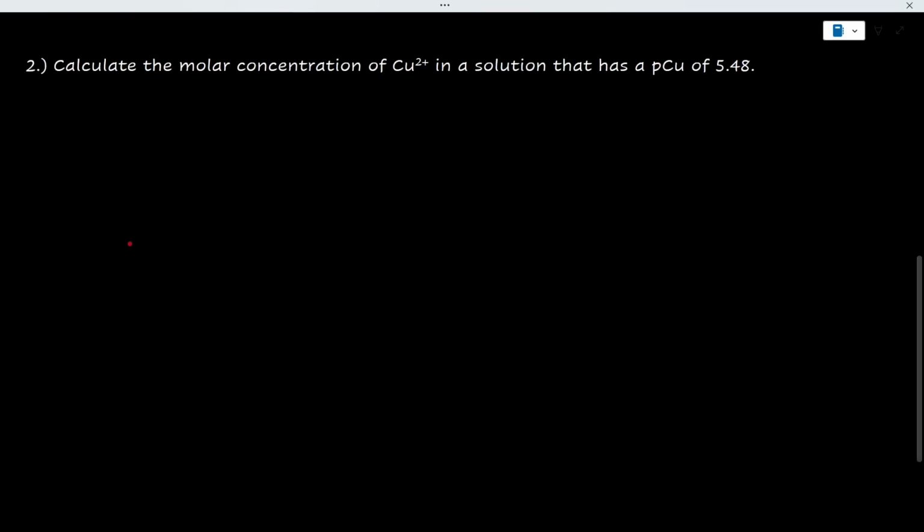Number 2: calculate the molar concentration of Cu2+ in a solution that has a pCu of 5.48. This is our x, the concentration of Cu2+, and we are given the px, or the pCu, which is 5.48.